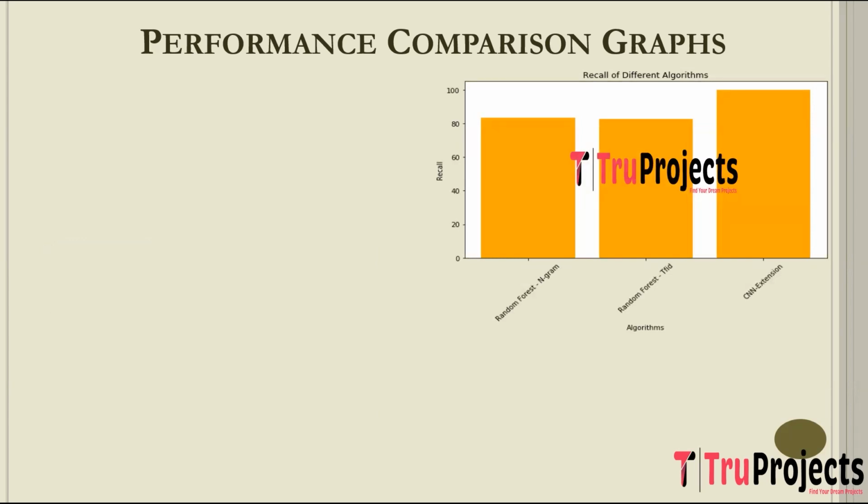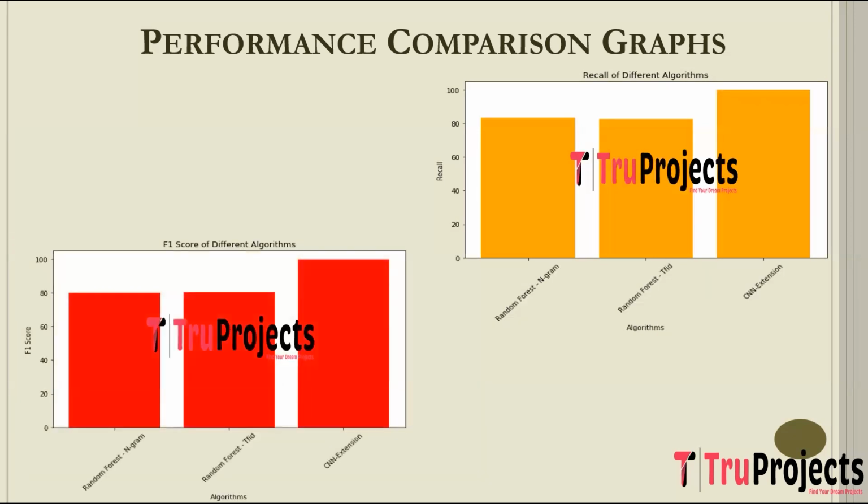It is the ratio of true positives to the total actual positives, measuring a model's ability to capture all relevant instances without missing any. This is the F1 score comparison graph. F1 score is the harmonic mean of precision and recall, offering a balanced measure that considers both false positives and false negatives, making it suitable for imbalanced datasets. The algorithm which performs well among all these metrics will be used for final prediction.